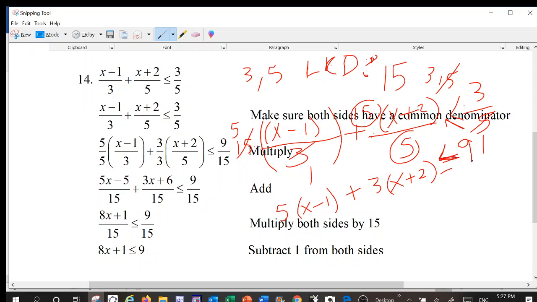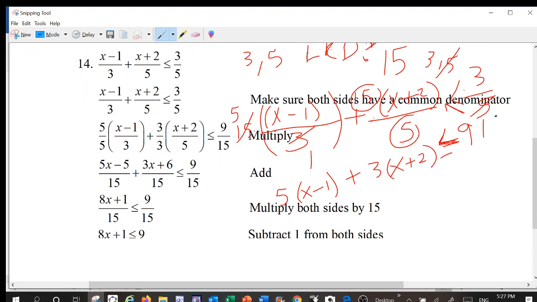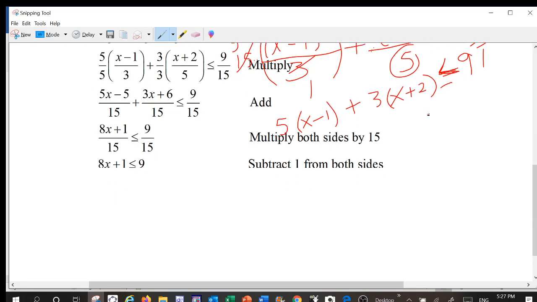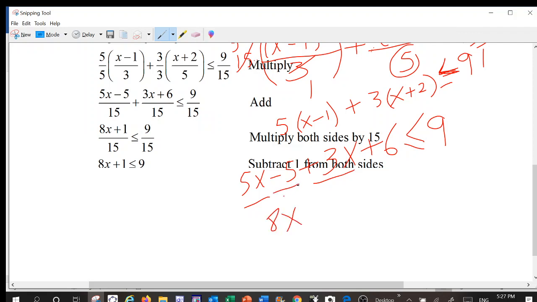Alright, so that is just a linear inequality, and we can solve that. So let's do 5x minus 5 plus 3x plus 6 is less than or equal to 9. 5x plus 3x is 8x, and then minus 5 plus 6 is plus 1, less than or equal to 9.